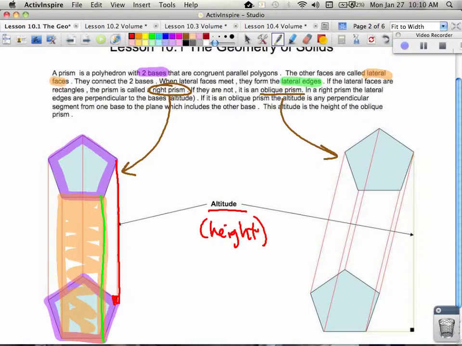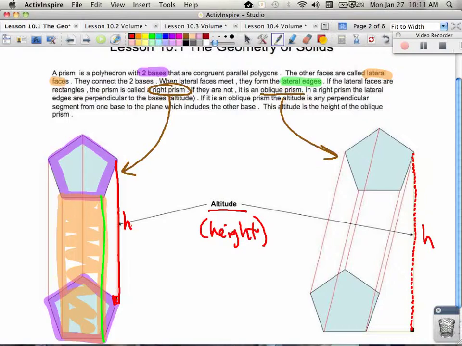However, in the right-hand figure, when we have an oblique prism, or in other words, one that's tilted, the height falls outside of that shape. And so this altitude or height, if you will, is outside of the prism, not along its edge.